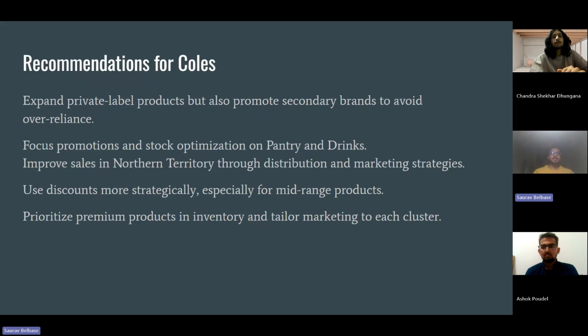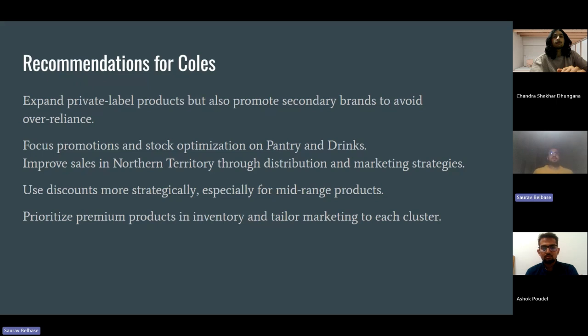So these are some of the recommendations for Coles that we would like to put forward through our analytics. Expand private label products, but also promote secondary brands to avoid over-reliance. Focus on promotions and stock optimization on pantry and drinks, as these were the products with the higher revenue.